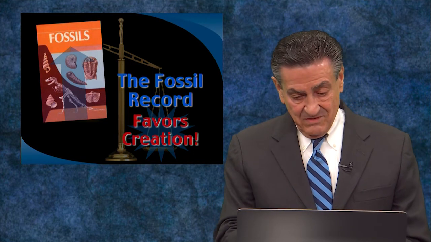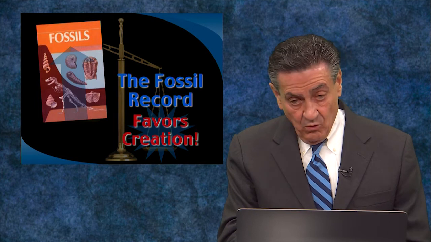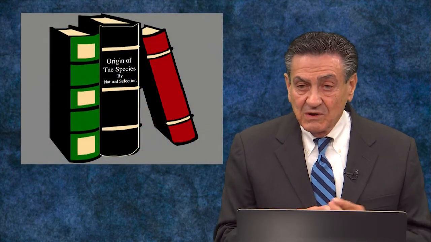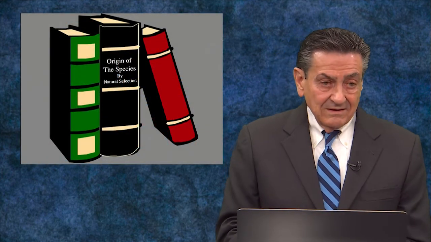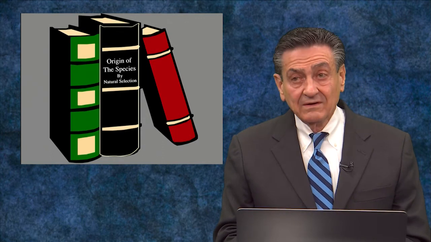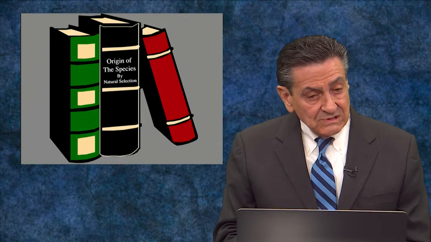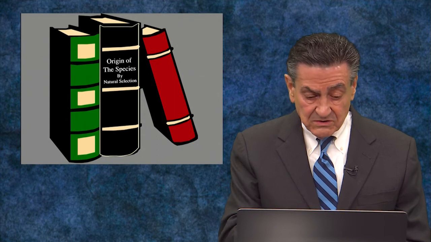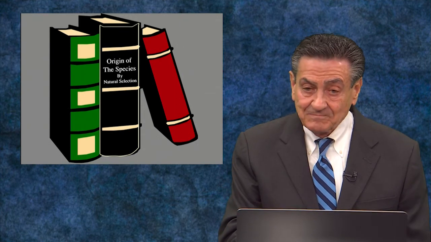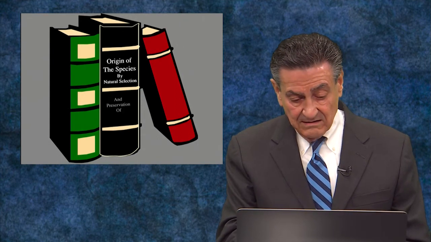Now, in the time that remains, let me just make one more point that we made as we were talking about race on this program several months ago. Darwin's book, Origin of Species by Natural Selection, is only a portion of that title.